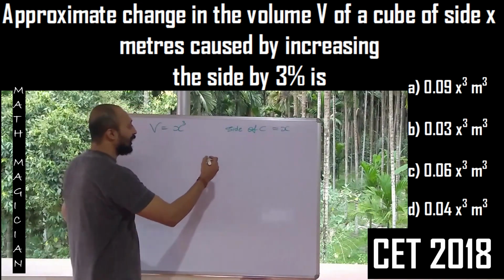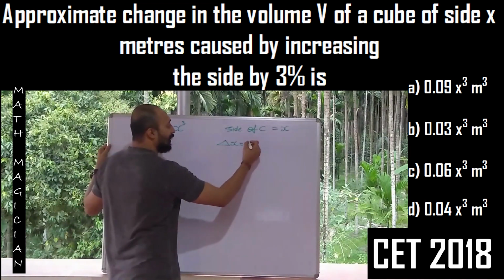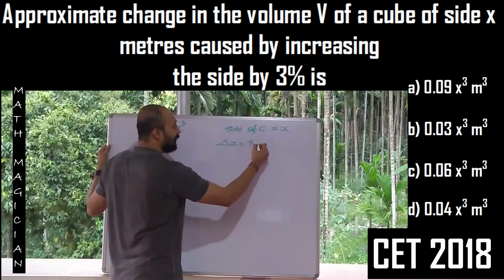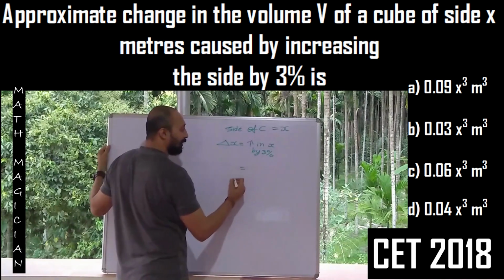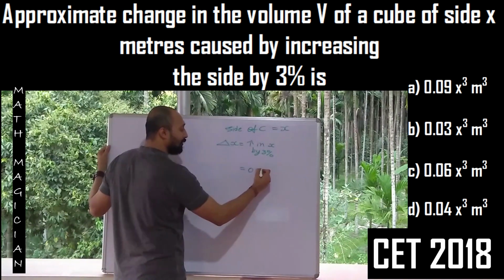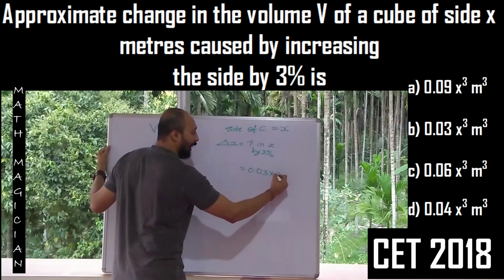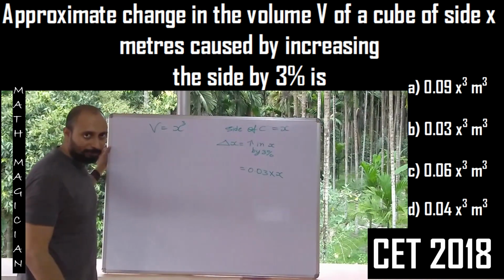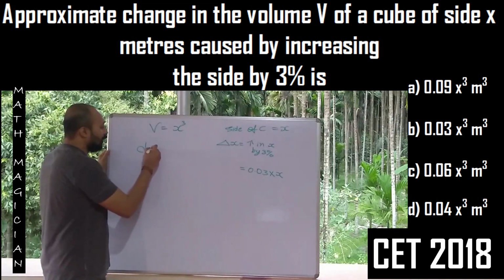So they are saying the change of x. So the change in side is an increase in x by 3%. So that is nothing but 0.03. 3% is 0.03 of what? Of x, that is my delta x. Okay. So what's going to happen now is I will be doing the approximation.